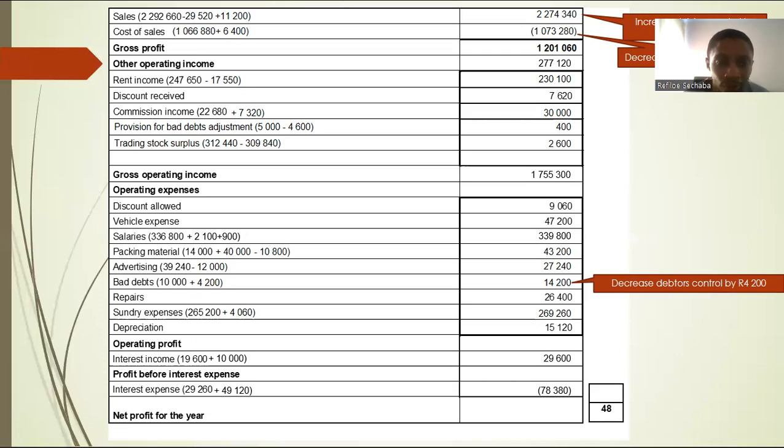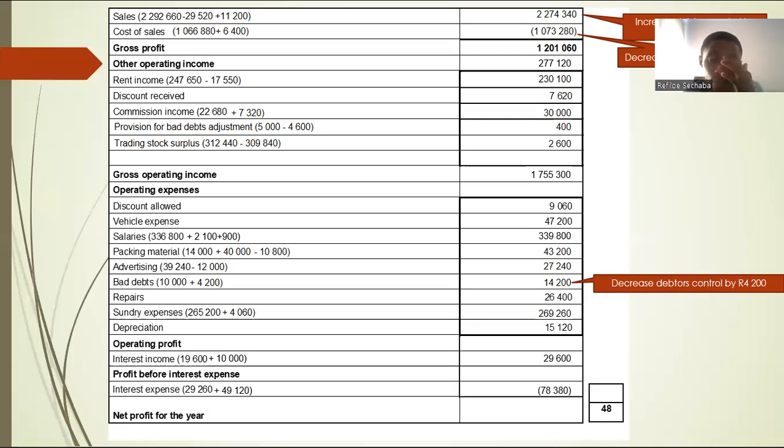I'm going to do the same thing with my expenses. I'm going to add my discount allowed of 9,060, add vehicles expense of 47,200, add packing material of 43,200, add advertising of 27,240, add bad debts of 14,200, add repairs of 26,400, add sundry expense of 269,260, add depreciation.